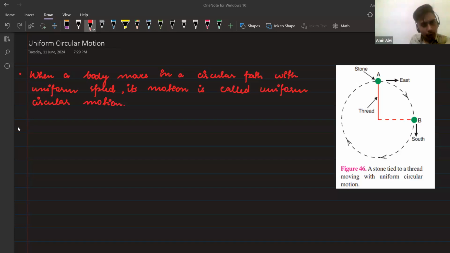ठीक है, next point is that uniform circular motion is an accelerated motion.